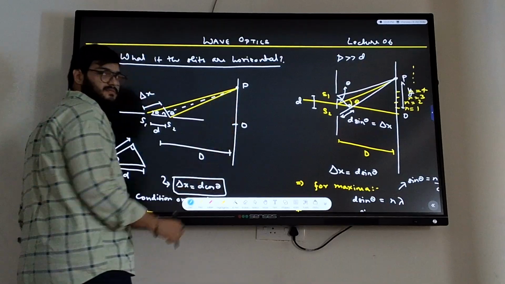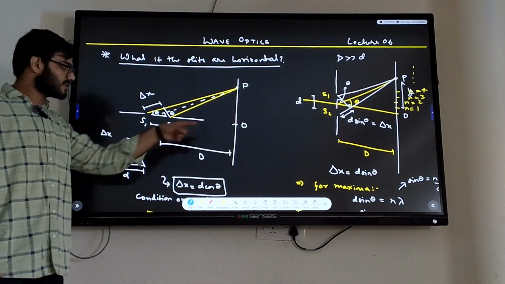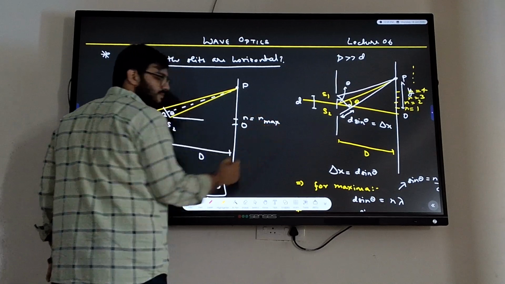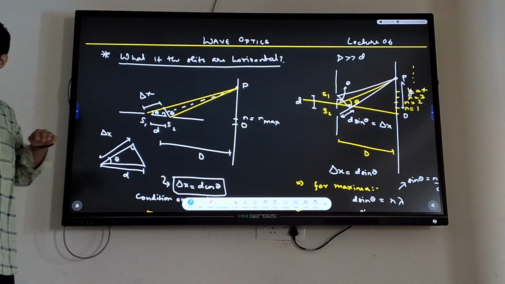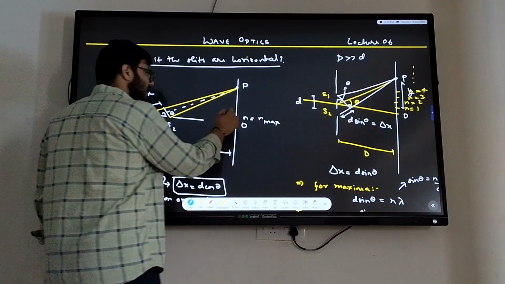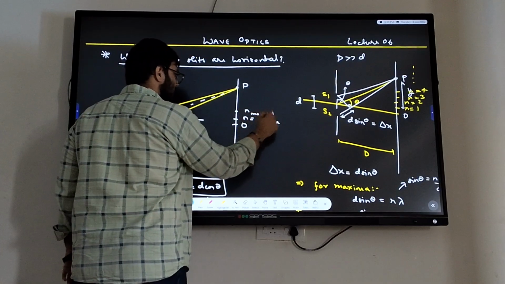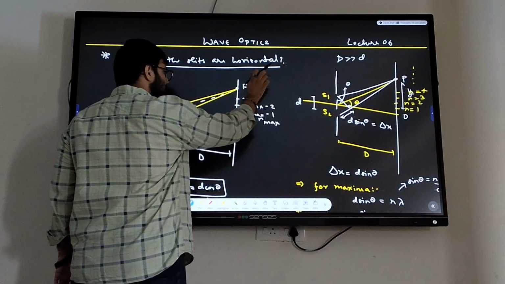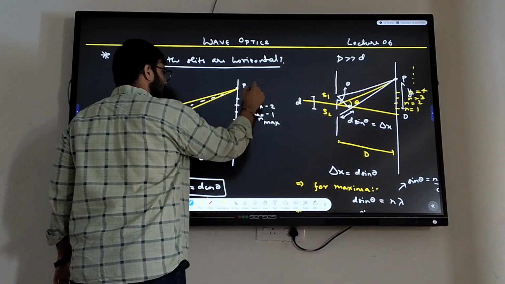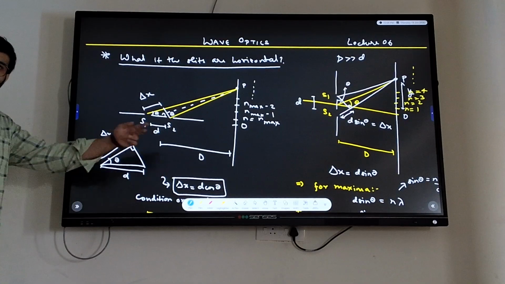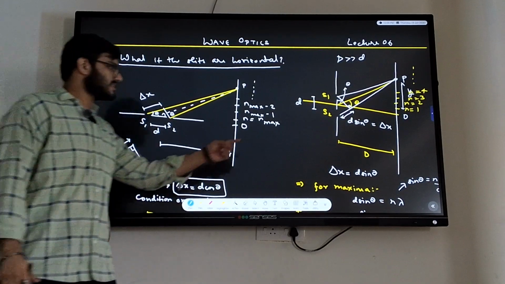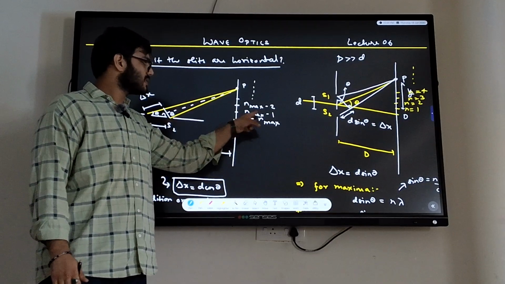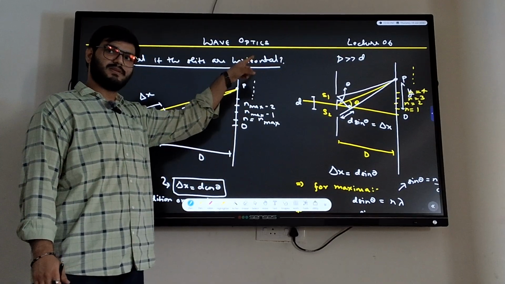This position. The value which is closer to theta equal to 0 is the maximum possible value, n max. And as you keep on going away, your value keeps on decreasing. This is n max minus 1, this is n max minus 2, and you keep on going until you hit 0. So it's counting in the opposite direction. You can imagine that this n max is maybe 10 or 14. So it will go like 14, 13, 12, 11, 10 like that.